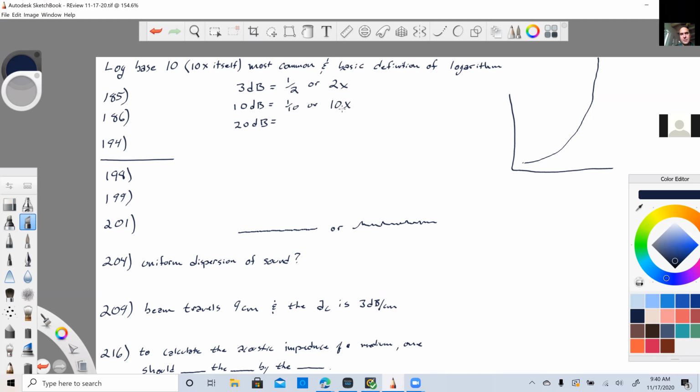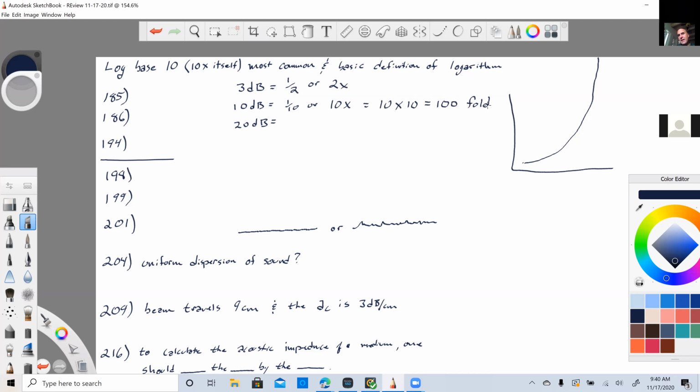Now that means 10 times 10 is equal to 100-fold. So if you have a 10 decibel increase in anything, it's a 100-fold increase.